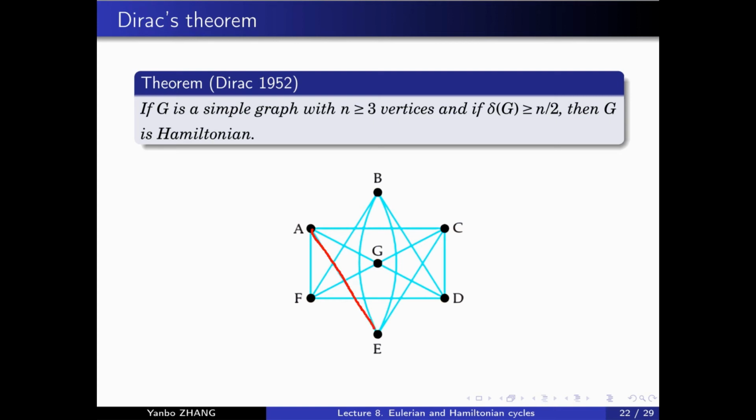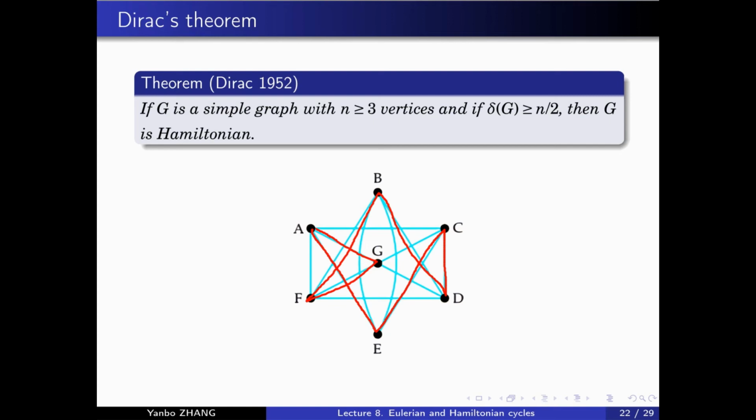Actually, we can find such a Hamilton cycle: A, E, C, D, B, F, G, A. It's not easy to find such a Hamilton cycle, especially when the graph has many vertices.